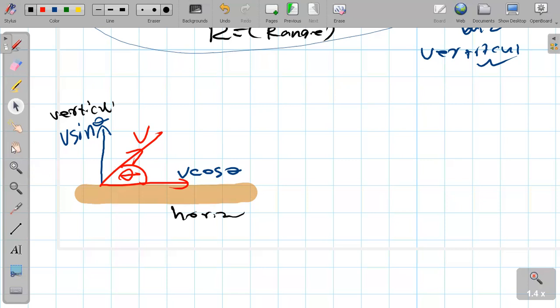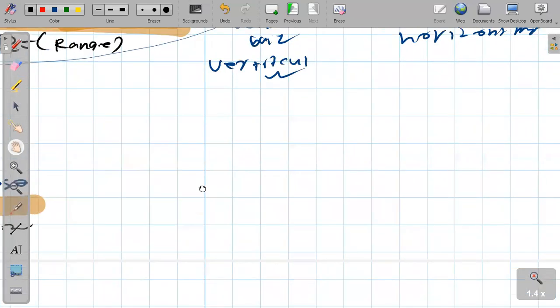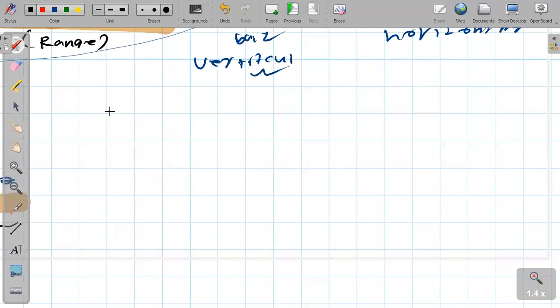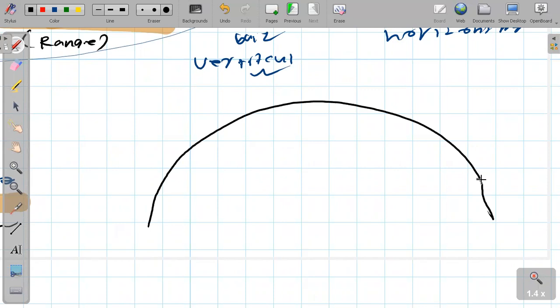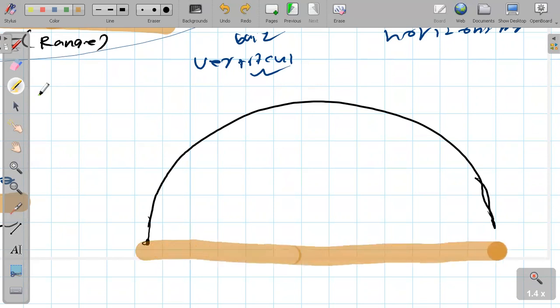Okay, now have a good look at the vertical component, V sin theta, and V cos theta. So now write this, the both vertical and horizontal components. According to both the vertical and horizontal components, the trajectory can be finalized in the following manner.